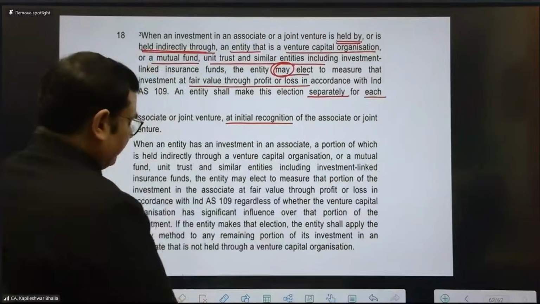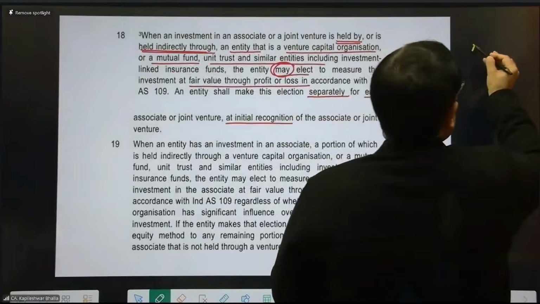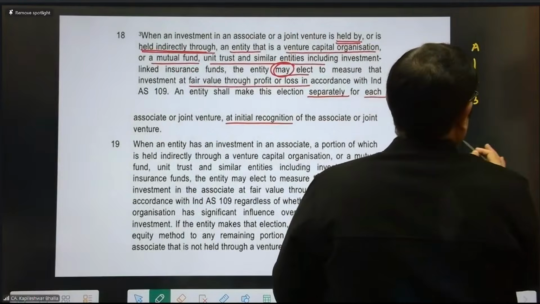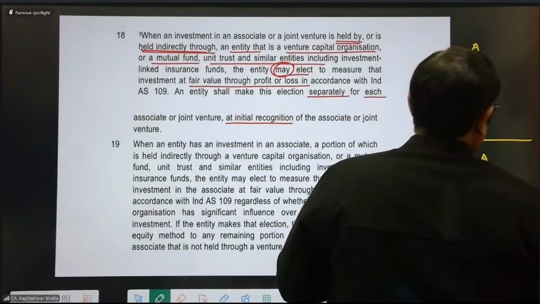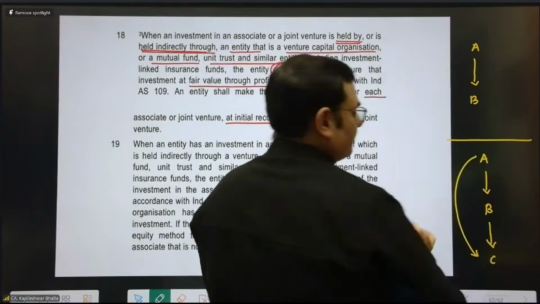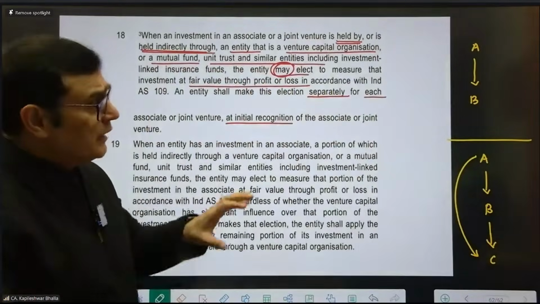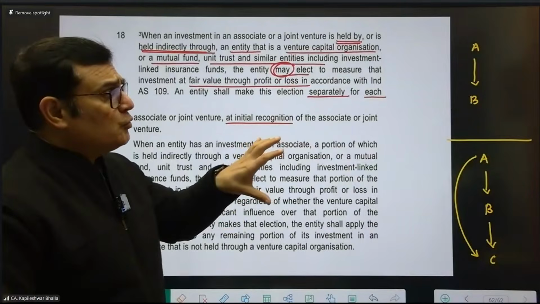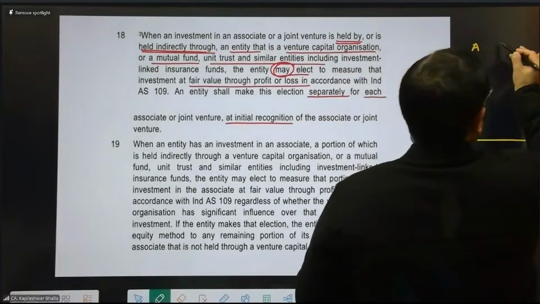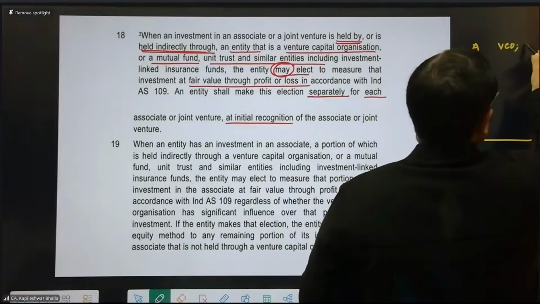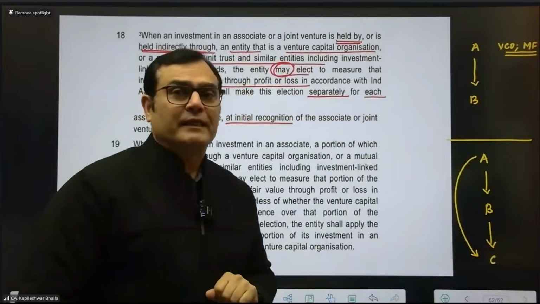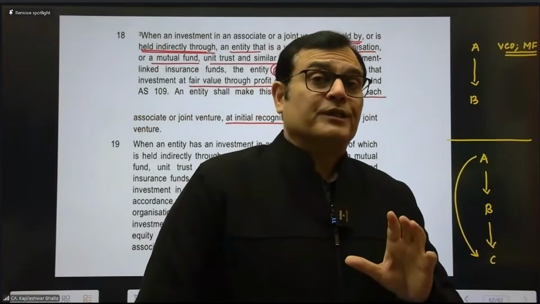Let's visualize. Let's say there is a company A and let's say there is a company B. And let's take another case. There is a company A and then there is a company B and then there is a company C. It's like a chain. Now, I'm going to look at two separate cases. Number one, let's say A, the investor, is a venture capital organization or is a mutual fund.